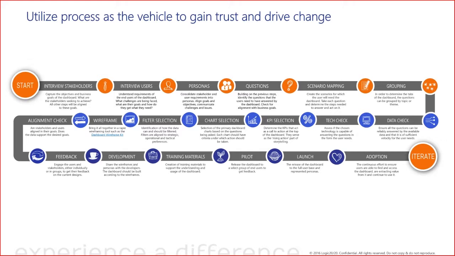After doing these interviews, we consolidate all of this information into personas. And again, using that example, a persona is someone who has similar roles and goals. So let's say we have 10 HR managers. It's pretty much going to be one persona, because all those HR managers should have common goals in their roles.